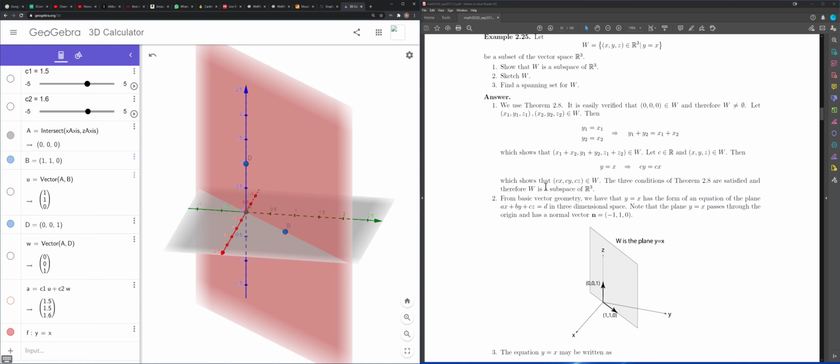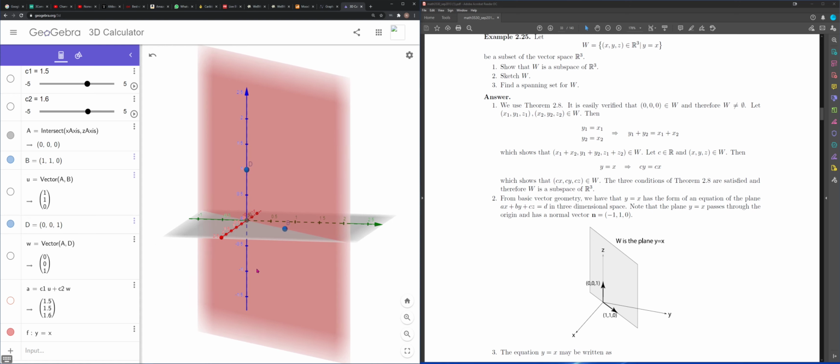A third point is 0, 0, 1, and again y is equal to x, so this point 0, 0, 1 also lies on W. So I have 3 points: 0, 0, 0, which is this one here, 1, 1, 0, which is this one here, and then 0, 0, 1, which is on my z-axis. Those are 3 points on the plane, and those 3 points will determine the plane for you.